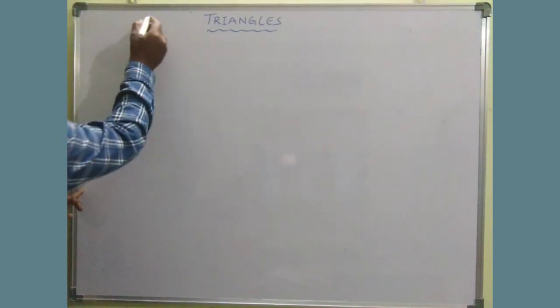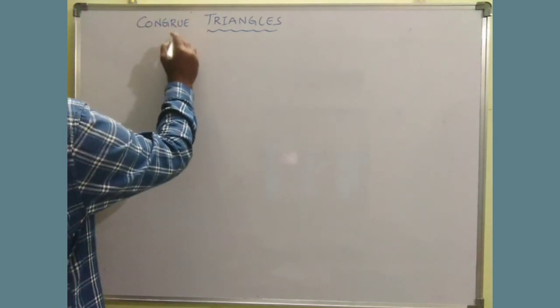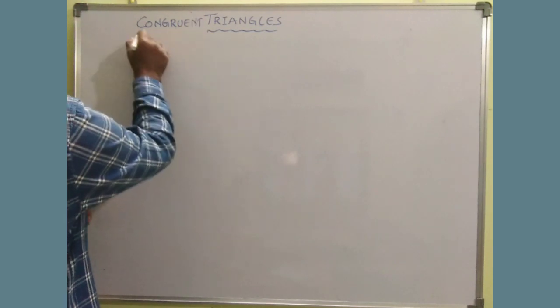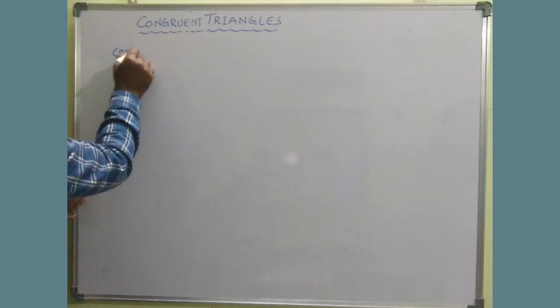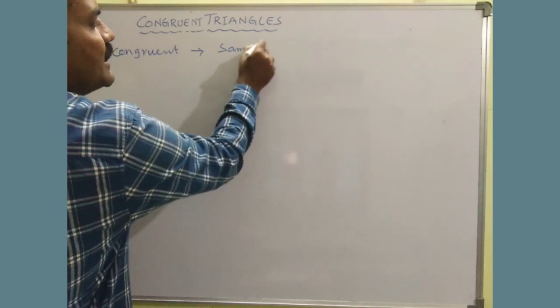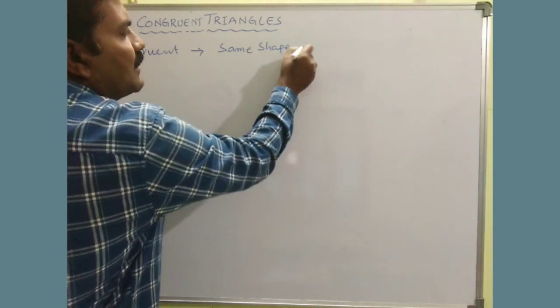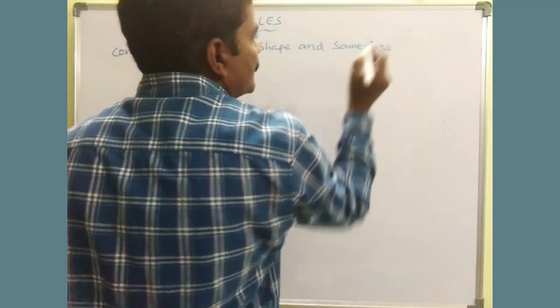So now let us discuss congruent triangles as well as similar triangles. Look at the word congruent. Two geometrical figures are said to be congruent if they have the same shape and same size. Right, children?